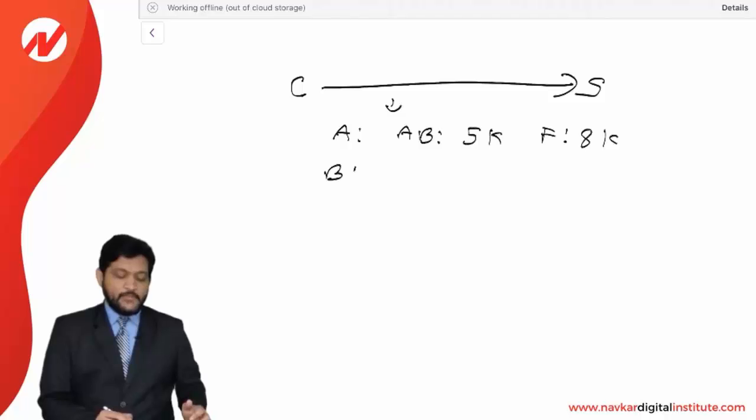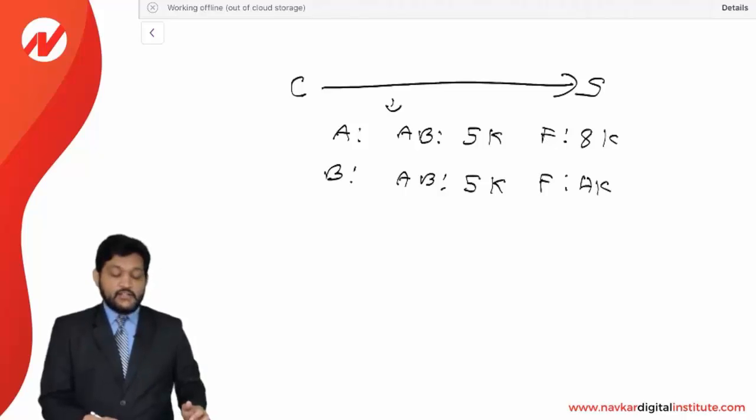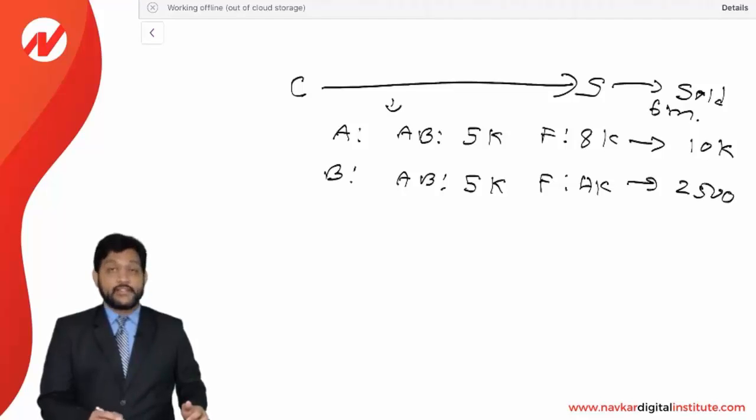There was a property B whose AB was 5,000 and FMV was 4,000. Now this S corporation sold these assets within 6 months. Let us say property A was sold for 10,000 and property B was sold for 2,500. Now what will be the treatment?